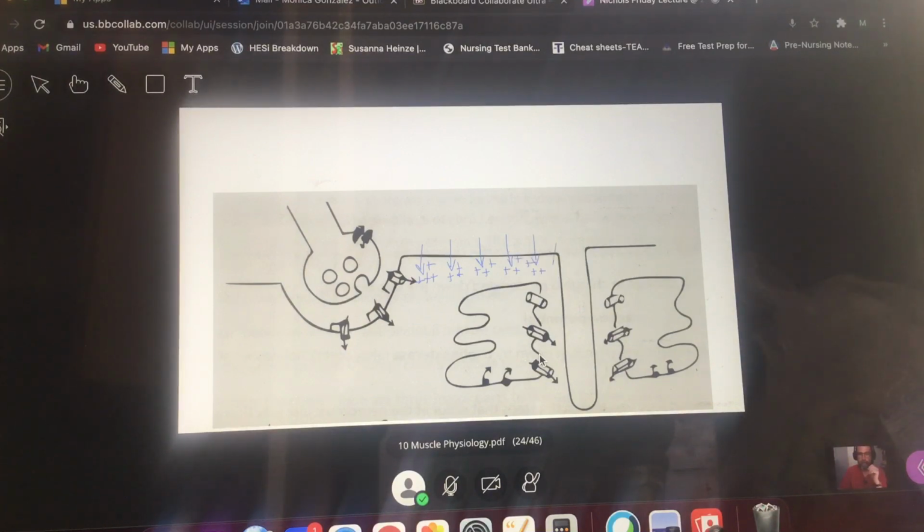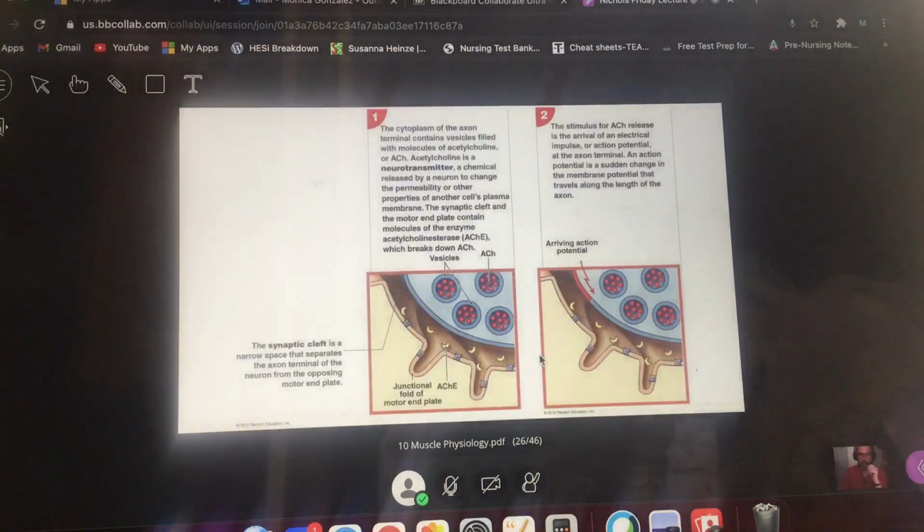Okay, I'm obviously doing this in super slow-mo. And then sodium comes in down the T-tubules, making the inside positive, opening calcium channels, allowing calcium to come rushing out. Okay. And then we move down to see what's happening down below my picture here.